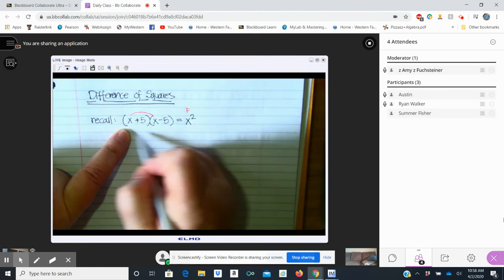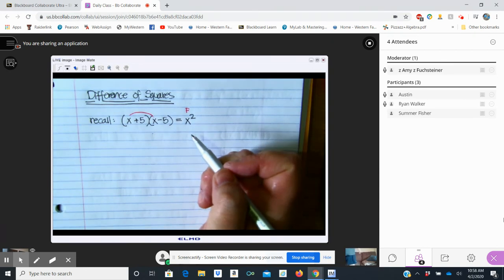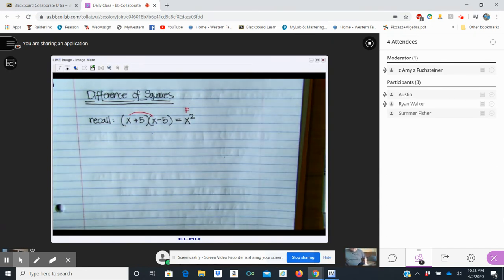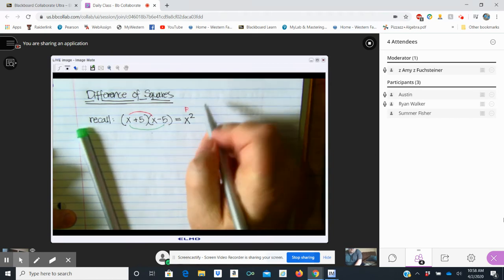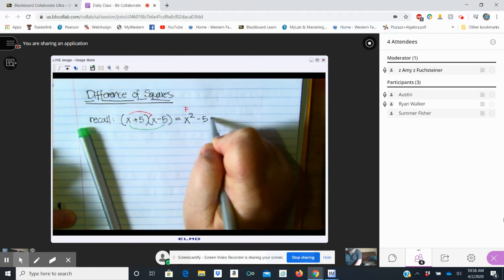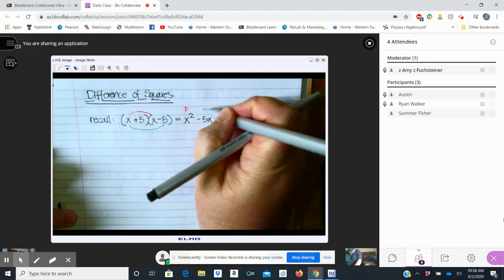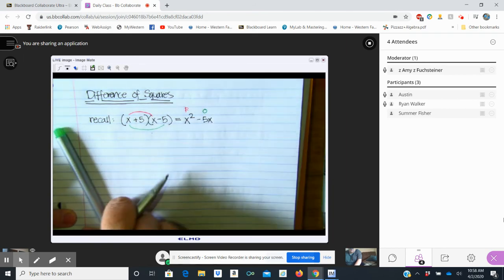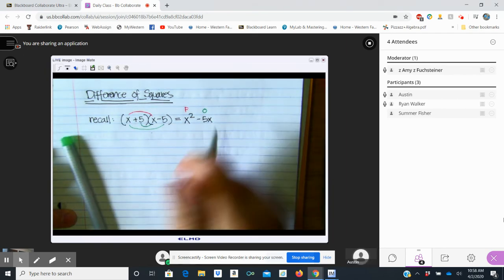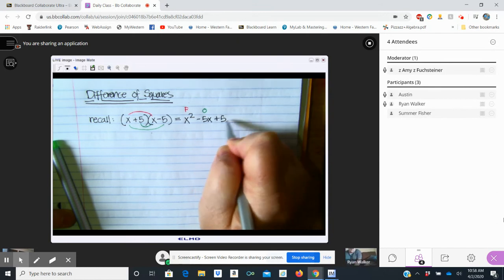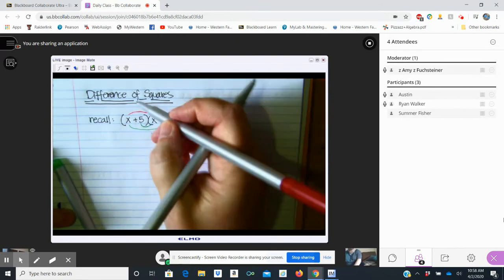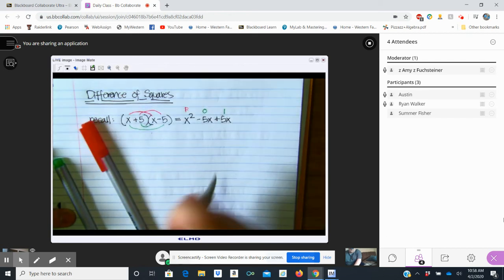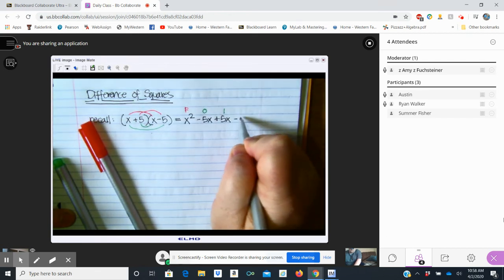We do the outside, and that's going to get us a minus 5x. We do the inside for a plus 5x. And then we do the last for a minus 25.